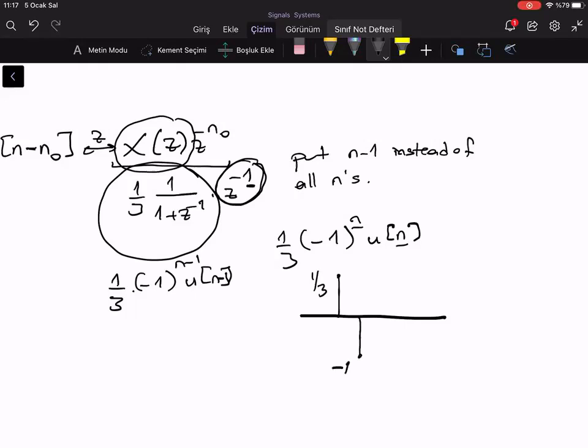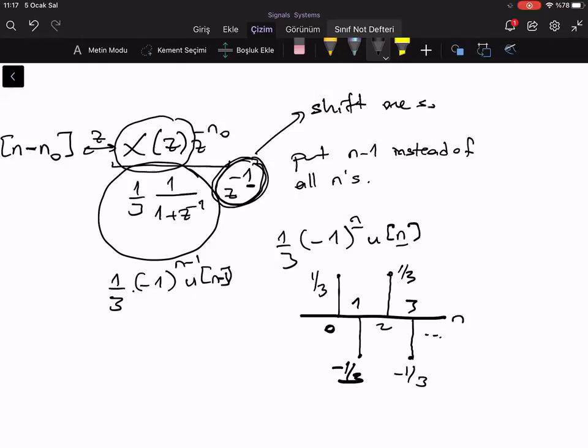Am I saying it correctly, arkadaşlar? Yes. At 2, it is plus 1 over 3. At 3, it is minus 1 over 3, and so on, right? This is my sequence. If I see z to the power minus 1, that means shift one sample to the right.